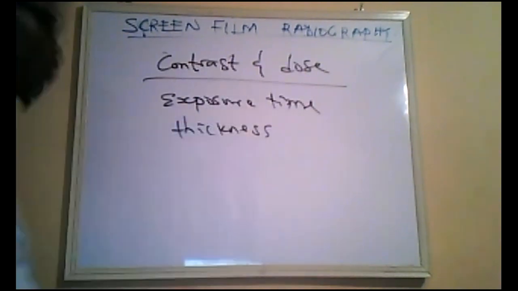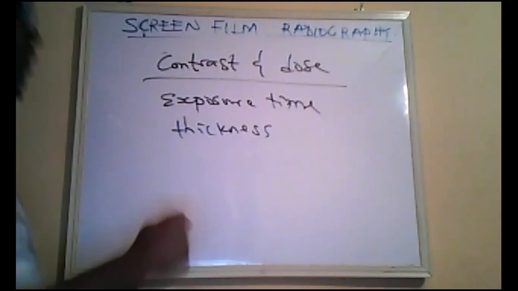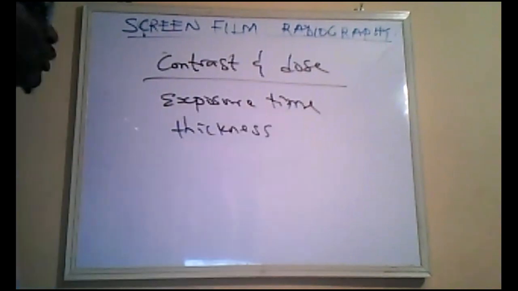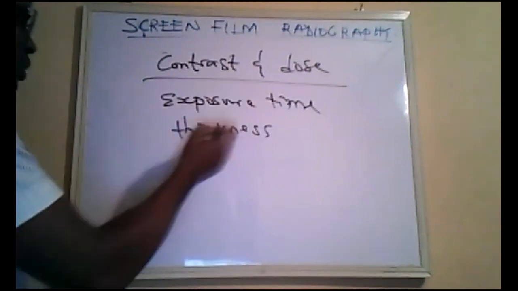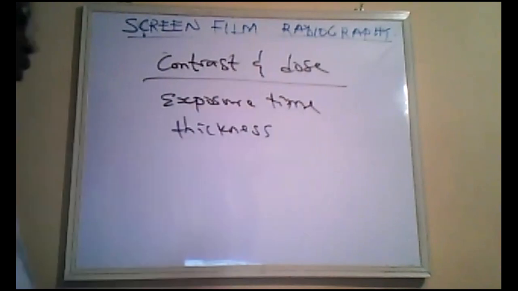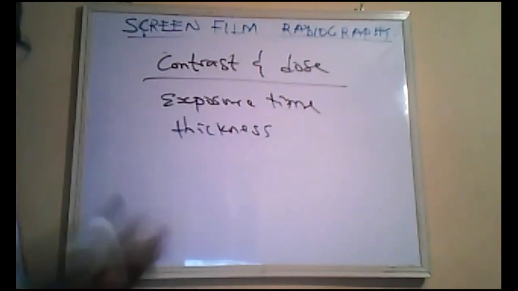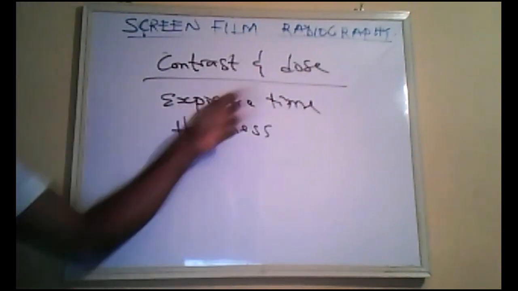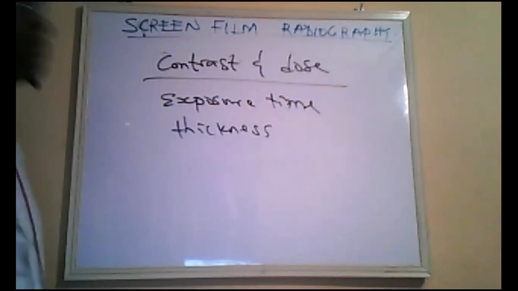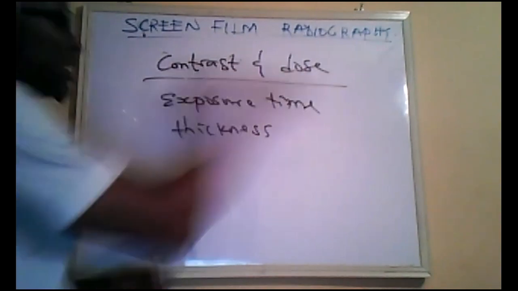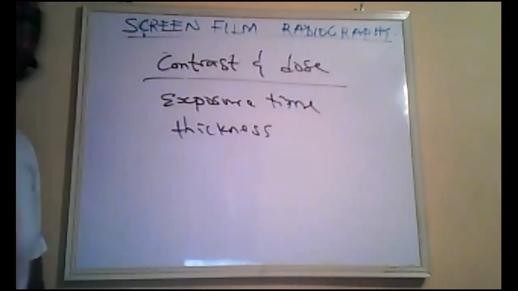Thickness means that we use more dose to obtain a particular optical density. Exposure time has to do with the contrast. The more the exposure time, the better the contrast, because exposure time is related to the amount of X-ray photons we are using.